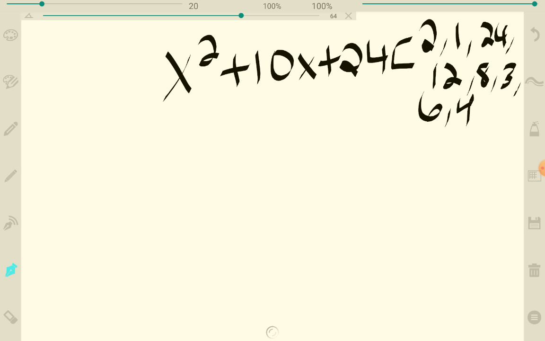So we know all the multiples. Now we need to find which ones add up to 10 or which ones subtract to 10. So 1 and 24 do not work. 2 and 12 could work, but we only have positive signs right here, so we cannot subtract these two. If this was a negative, then 2 and 12 would work.